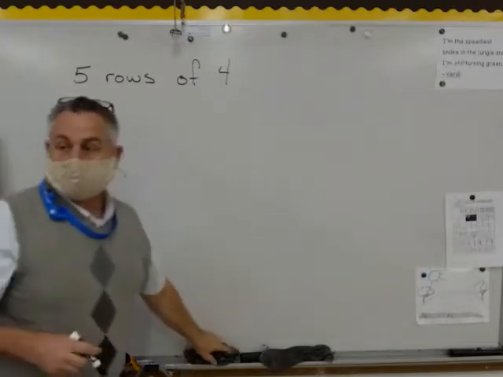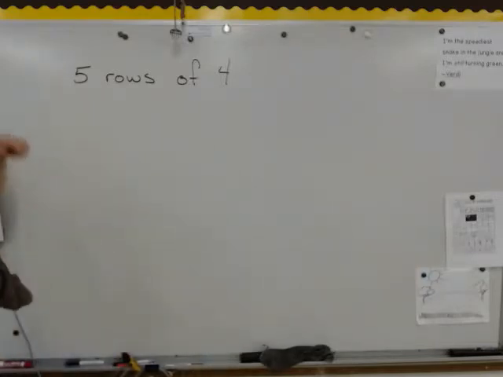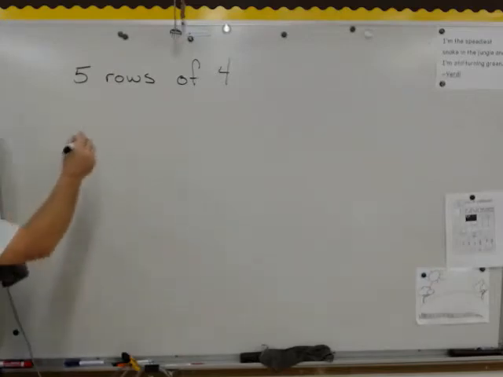The row goes side to side. A row goes that way. So if I have a row of 4, this is where listening is very important, because you're trying to talk because you want to understand something. And I totally know what you want. I'm going to tell you right now. You ready? Watch. I want a row of 4 circles.